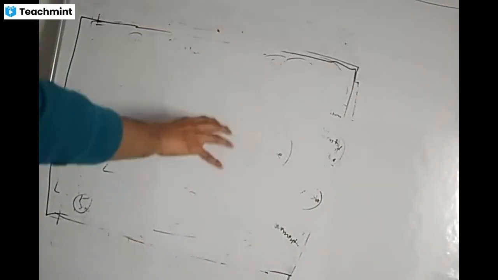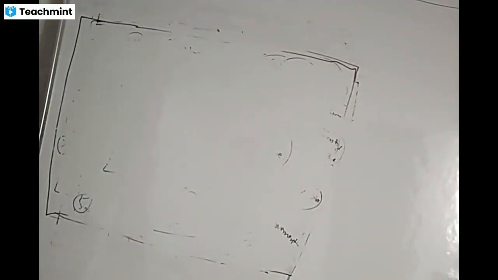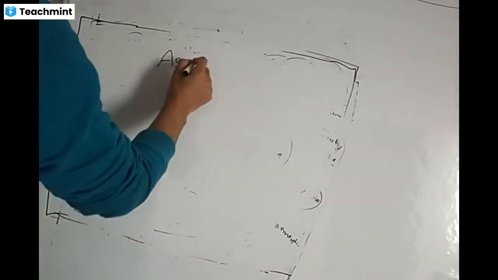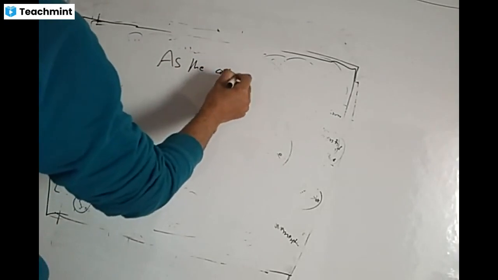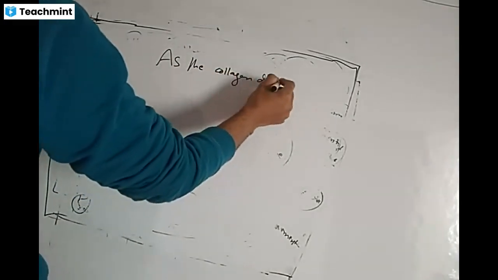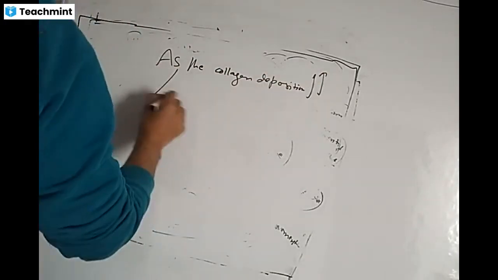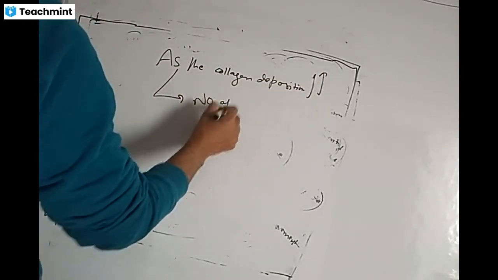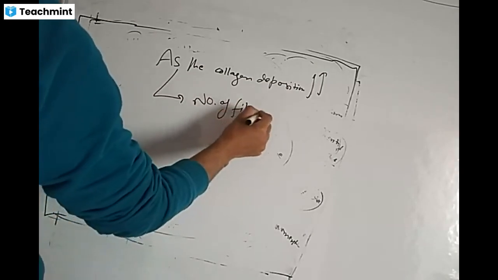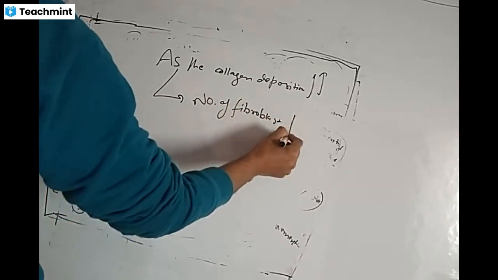So in the repair phase, the first is the deposition of the collagen. And how much collagen will they deposit? As the collagen deposition increases, the number of fibroblasts will decrease.